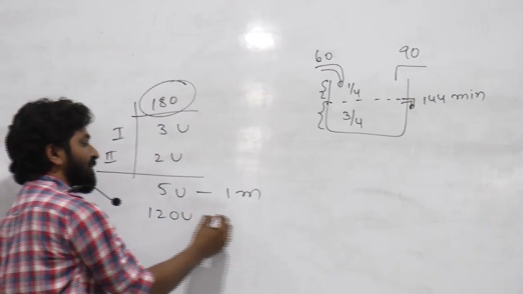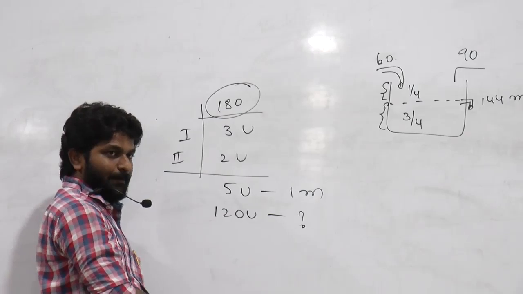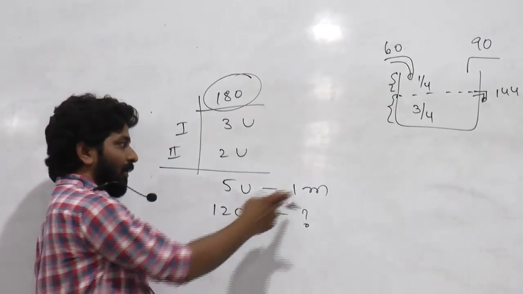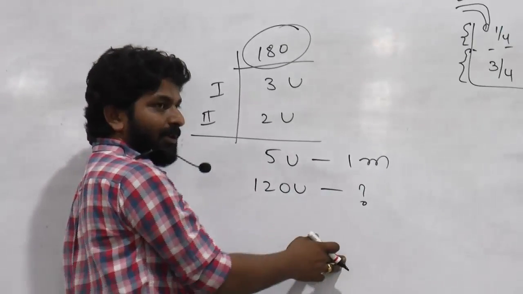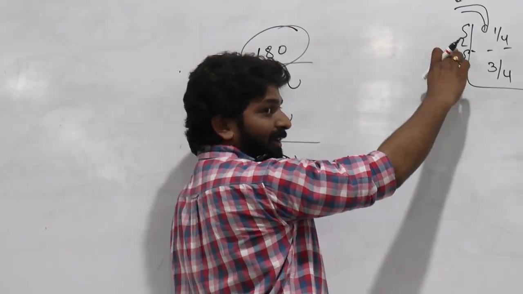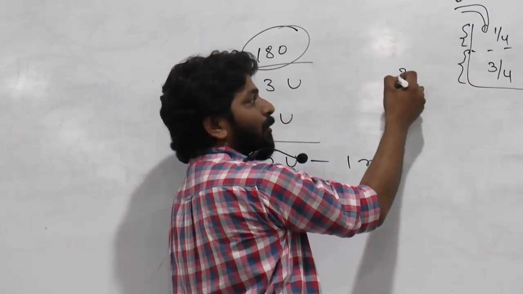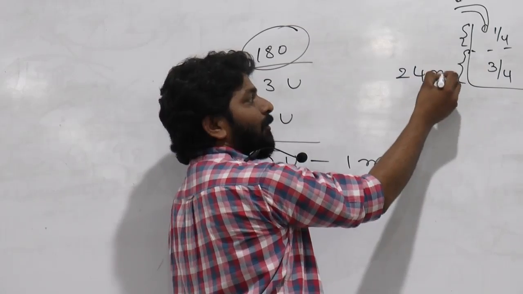To fill 120 units, the time taken by the inlet pipes is 120 divided by 5, 24 minutes. So to fill 75%, that is 3/4 of the tank, both inlets will take 24 minutes.